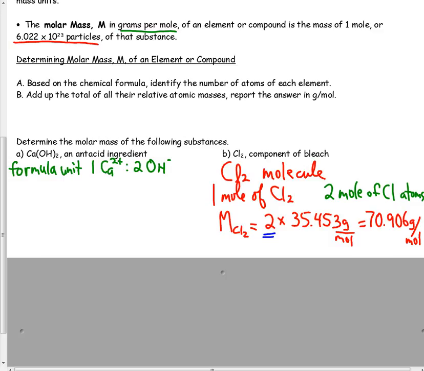So when we look at the molar mass of calcium hydroxide, we're looking at the molar mass of a calcium atom, twice the molar mass of an oxygen atom, and twice the molar mass of a hydrogen atom. And that's based on this step right here.